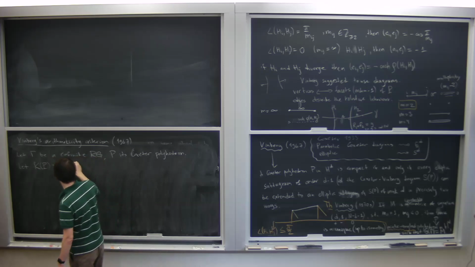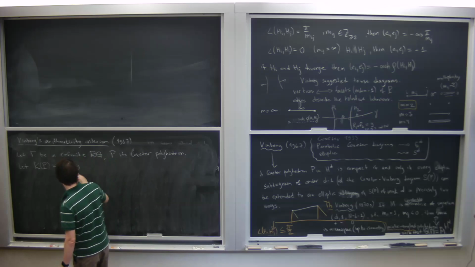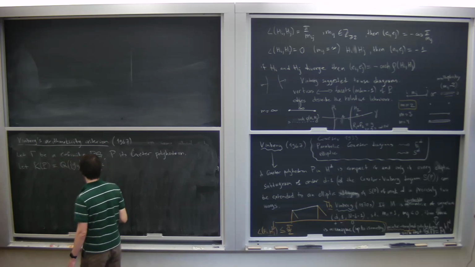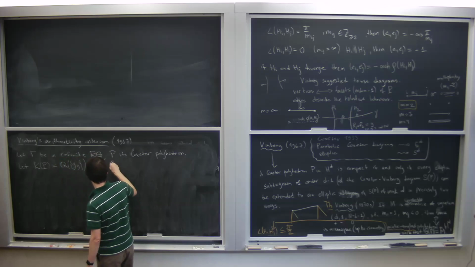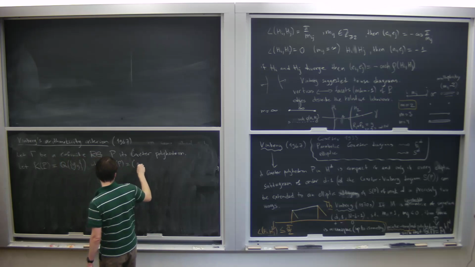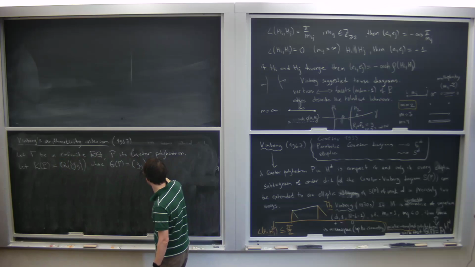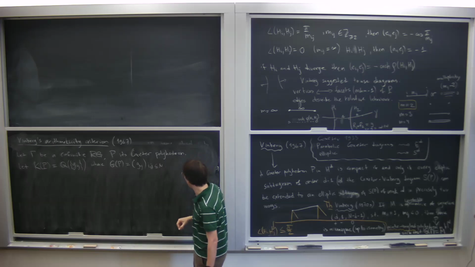I will simply write G_ij, where the Gram matrix of P is my G_ij, right?